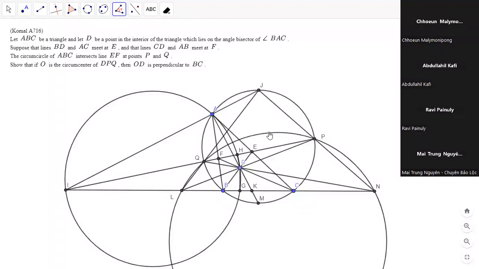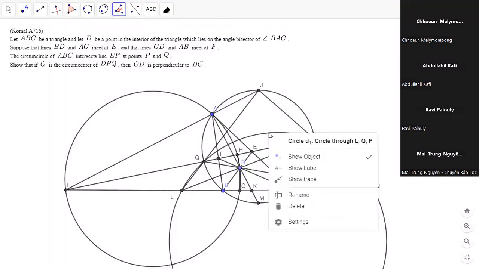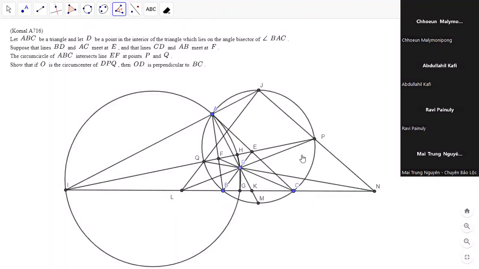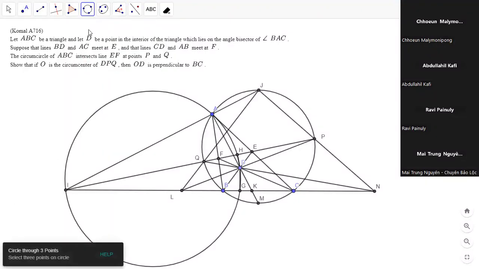So yeah, maybe I should hide this for now. And it would follow that A is the Miquel point, but once we show that cyclic, we've solved it. So IALD.